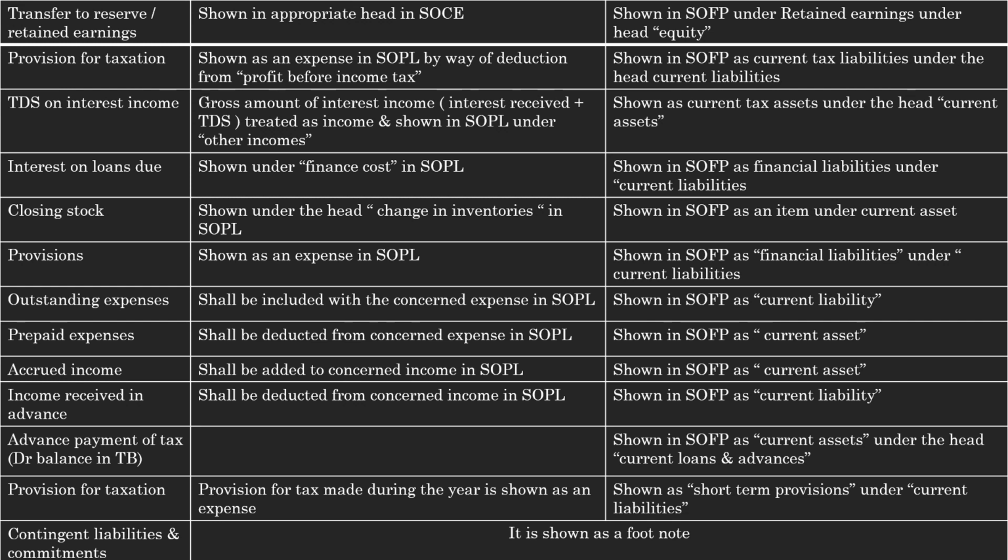That is known as transfer to reserve or retained earnings. The simple meaning is that from the profit a certain amount is set aside within the organization for meeting certain purposes instead of distributing it as dividend or interest to outside parties or the owners. So when a transfer to reserve or a transfer to retained earnings comes as an adjustment in the financial statement question, you have to show it in the appropriate head in the statement of change in equity.